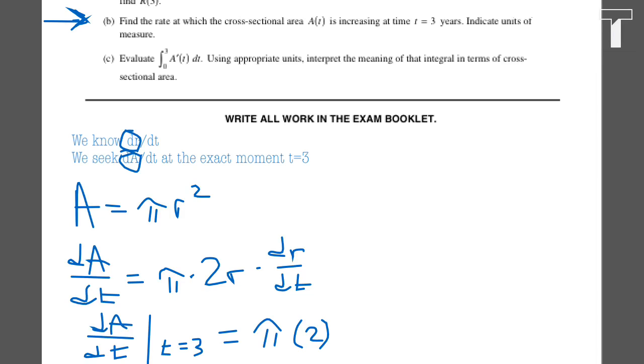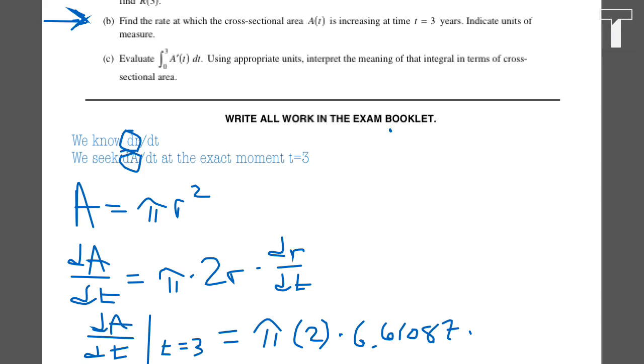R is changing, but once I know I'm going to let time equal 3, I want specifically the radius from part A, which is 6.61087, times the rate of change of the radius at exactly time equals 3.